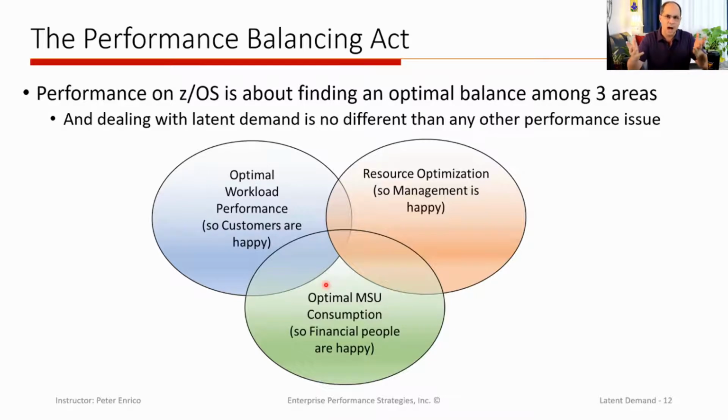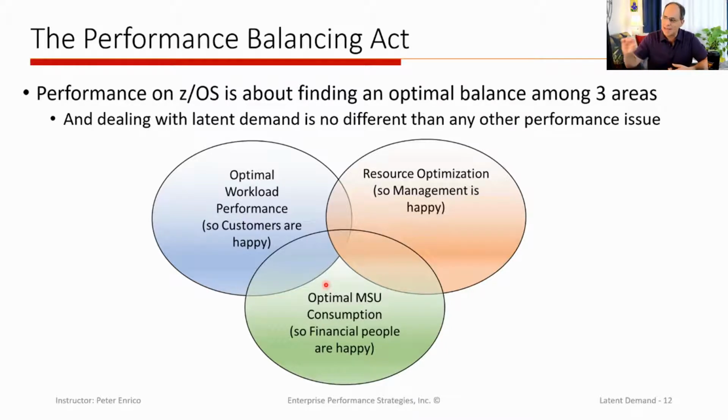For example, you can always optimize the usage of resources, and one of the ways we can do that is get rid of a workload or cap a particular workload or put a workload down at a low CPU dispatching priority so it doesn't get CPU when it needs it. Or a way we optimize workload performance is maybe we have to get more capacity, or maybe we have to use our capacity better. So there's give and take to each one of these.